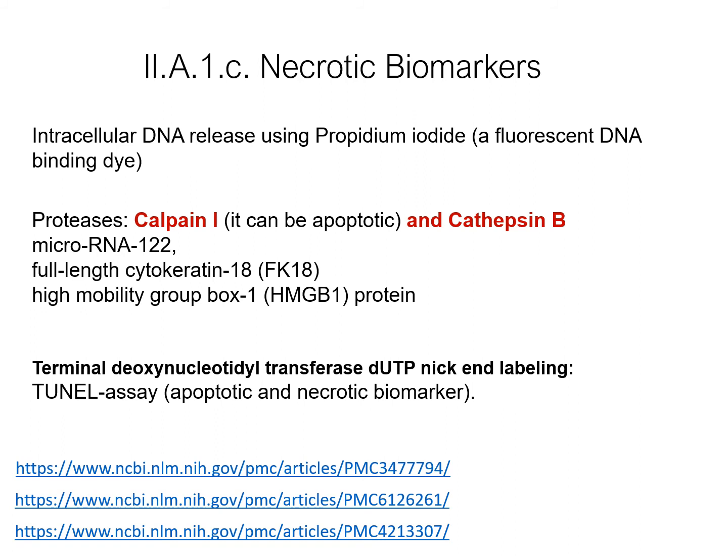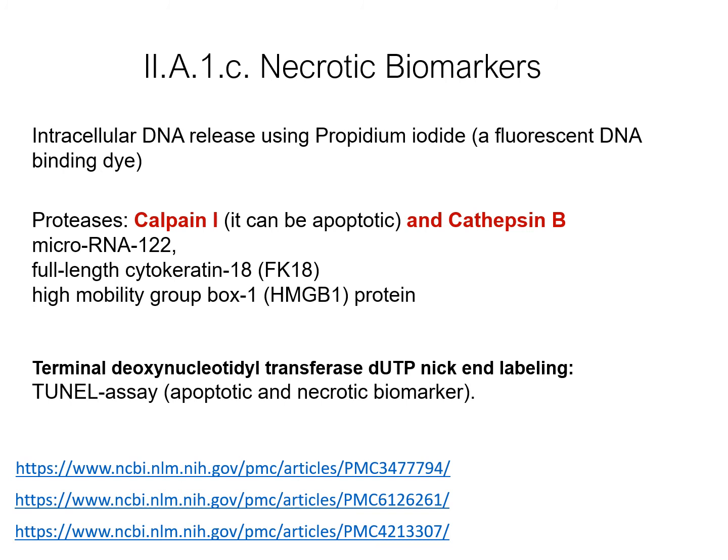Then there are other types of biomarkers that you can test. For instance, the protease calpain 1 is used to determine necrosis. This protease normally exists as a non-activated enzyme, and then during necrosis it becomes activated through specific cleavage, and then you can detect those products of calpain 1.